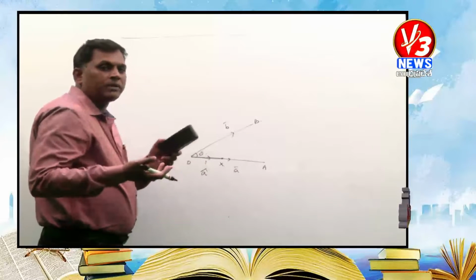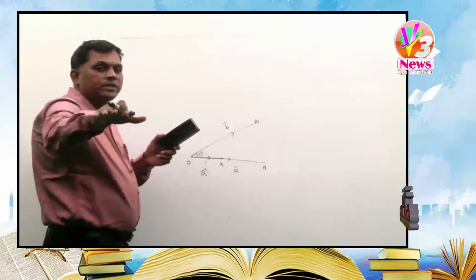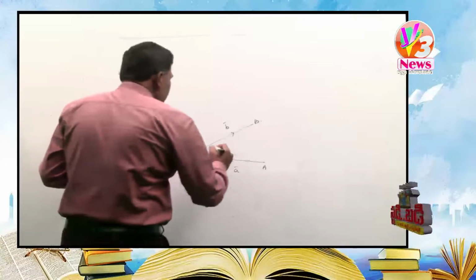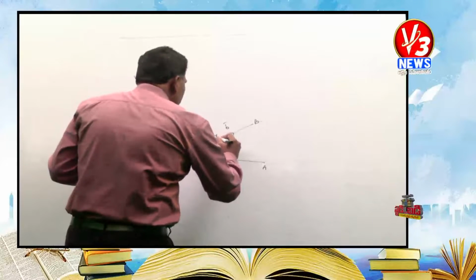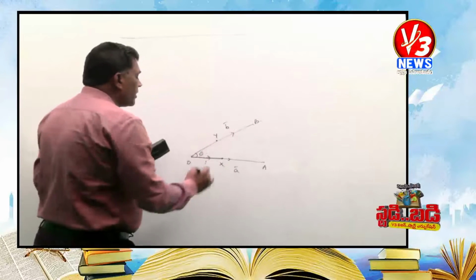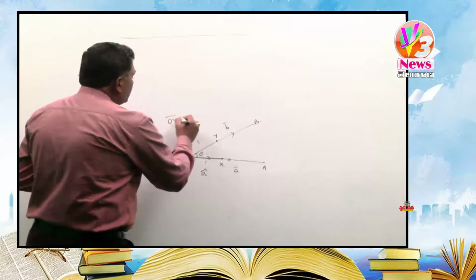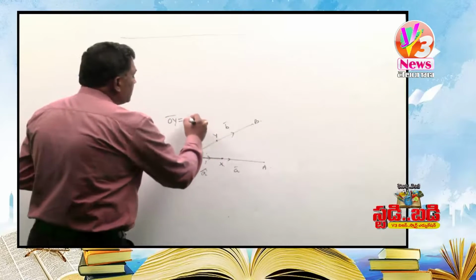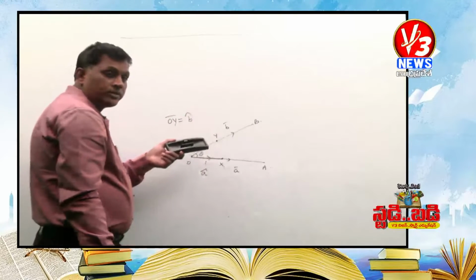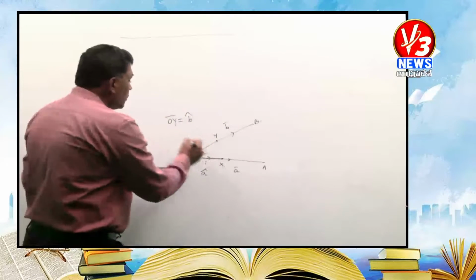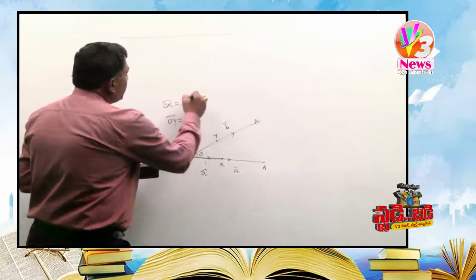Already you know the symbol of cap. A cap indicates the unit vector in the direction of A bar. Similarly, pick one more point Y on vector OB bar at a distance of 1 unit, then OY bar will be nothing but B cap, because it is a unit vector in the direction of B bar, and OX bar is A cap.